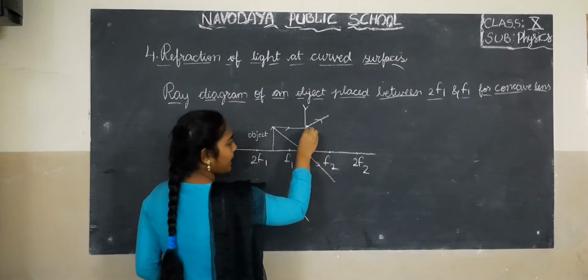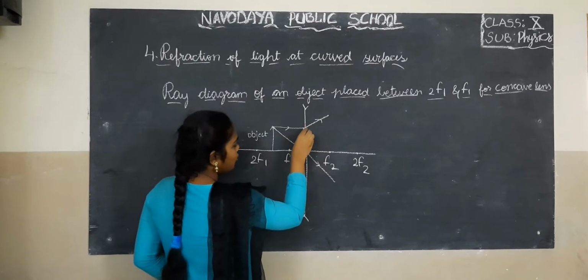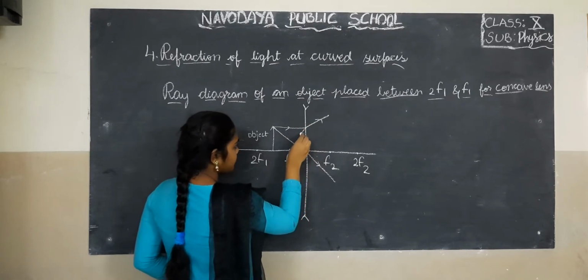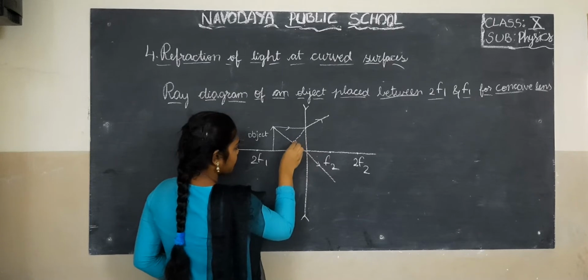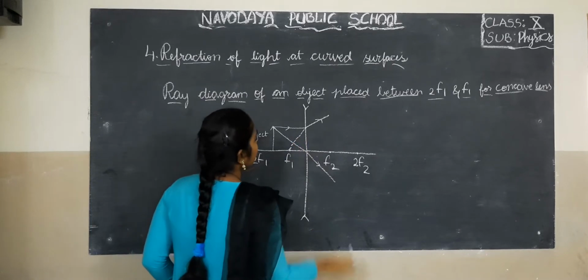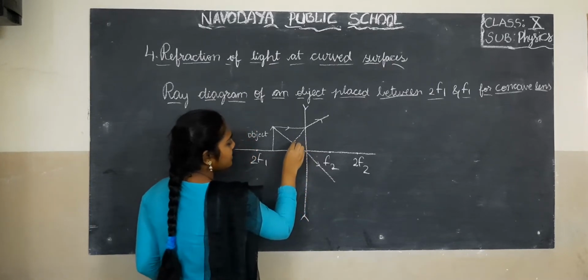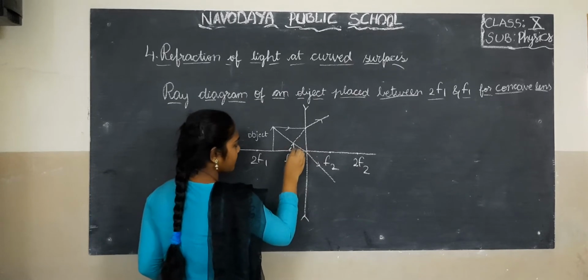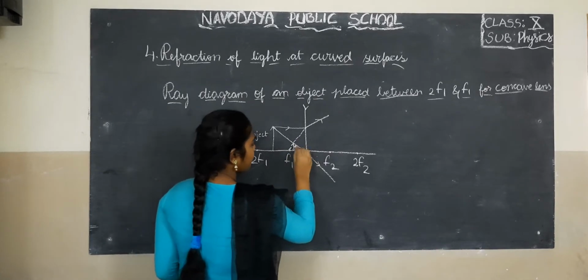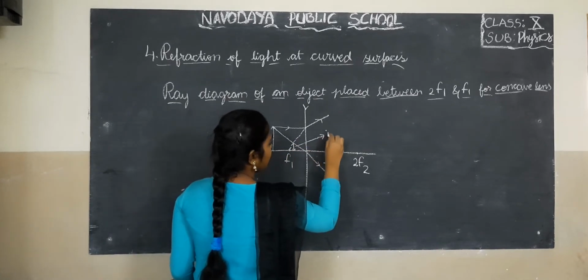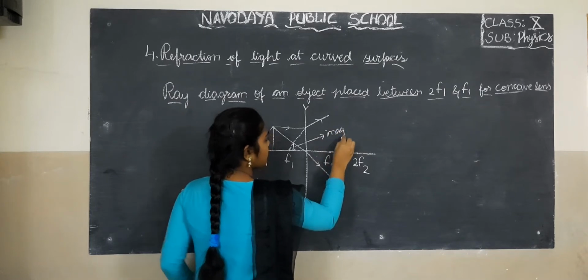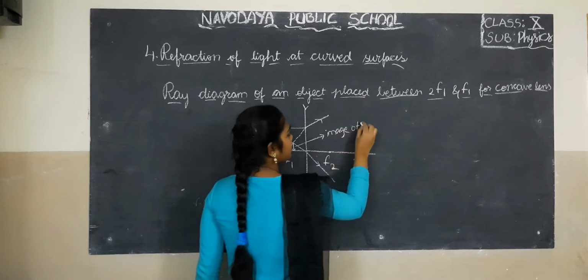Here we have to extend the first light ray towards the F1. Here these two rays meet at one point. This is the image of the object.